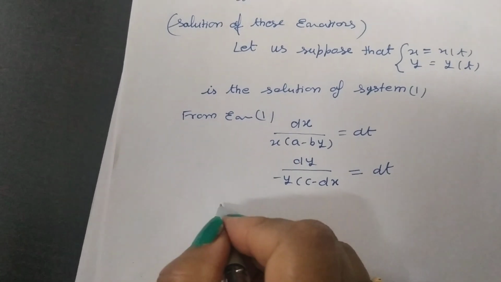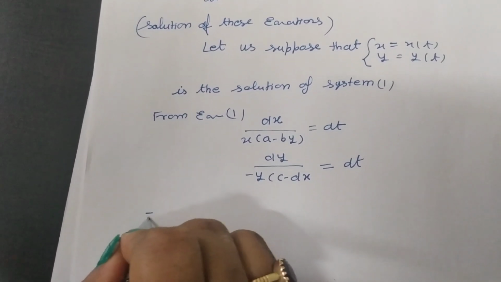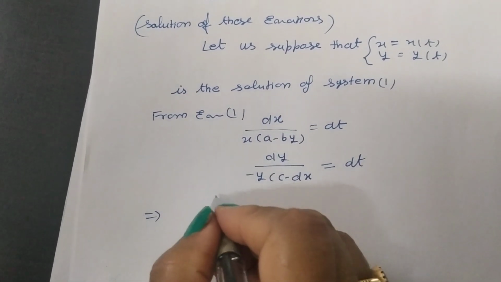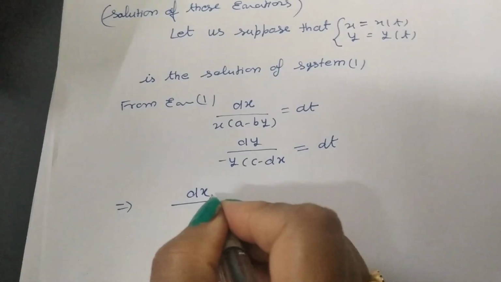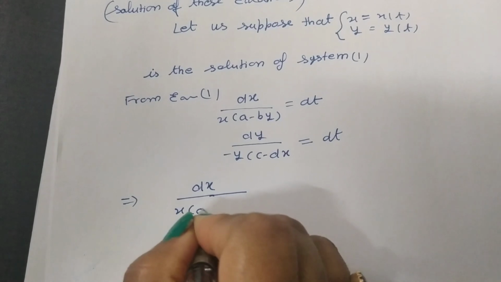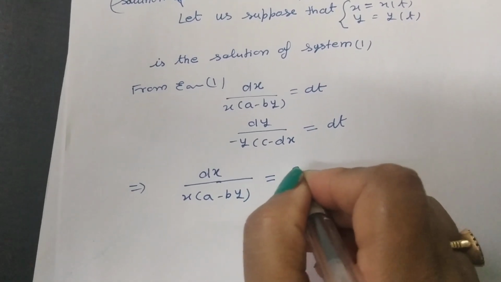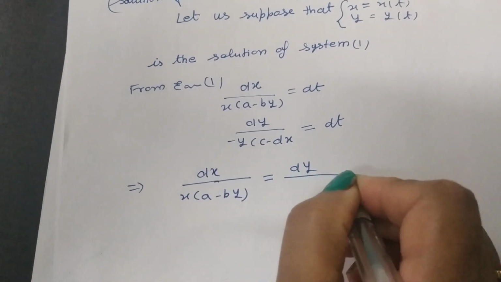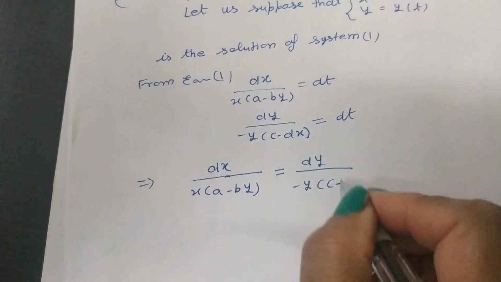So it is clear that these equations are equal, that is dx by x(a minus by) is equal to dy by y(minus c plus dx).